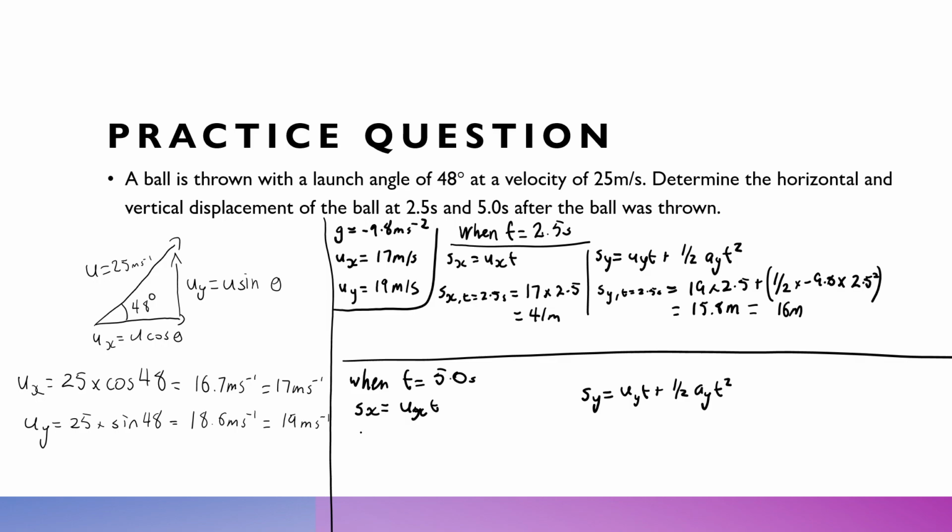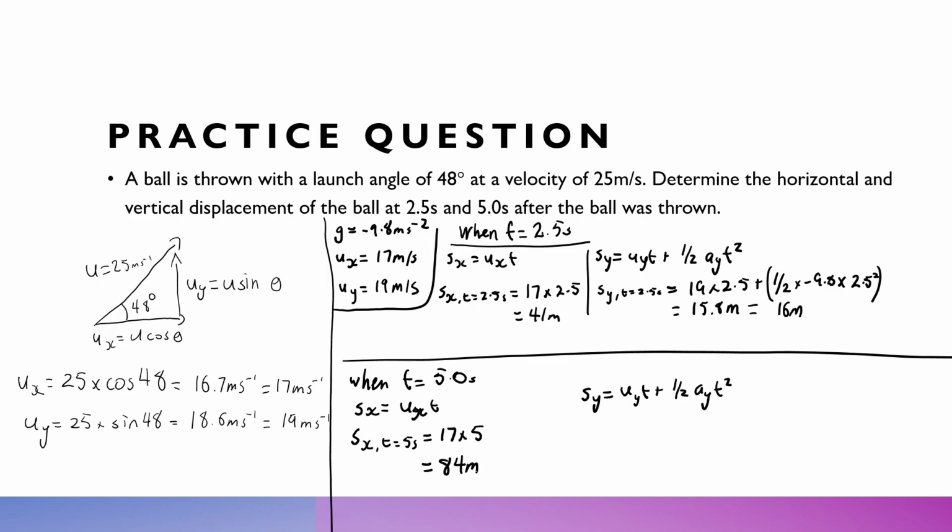So the x calculation is quite simple. The displacement in the x direction for t equal to 5 seconds is going to be equal to 17 times 5, which should come out to about 84 meters to two significant figures.